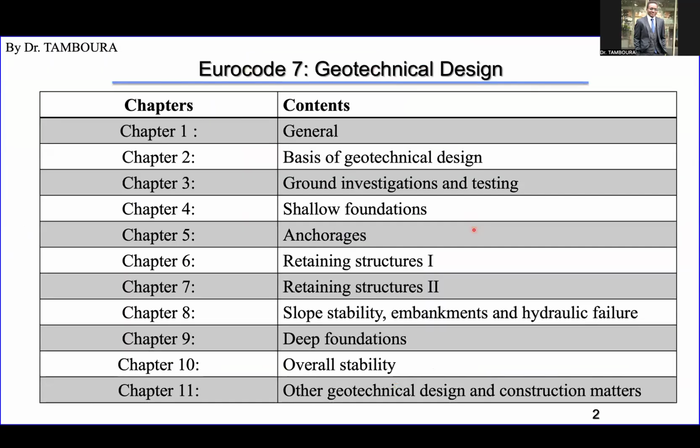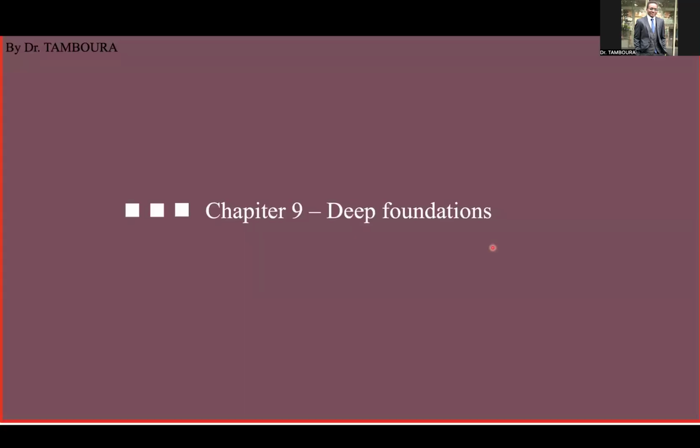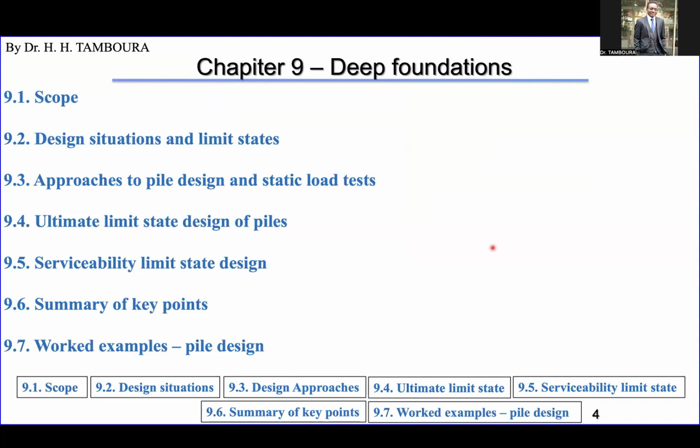We are going to start a new chapter, chapter number 10, Deep Foundation. This is the content of this chapter. We have in total 7 points, from the scope to the work example.